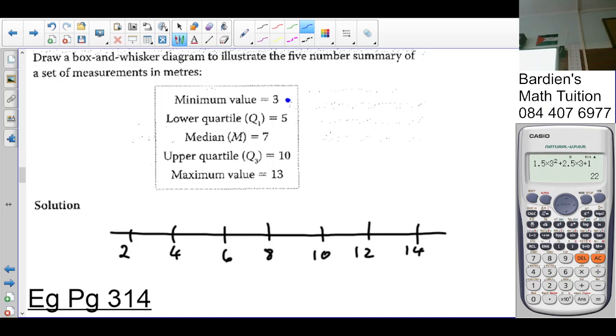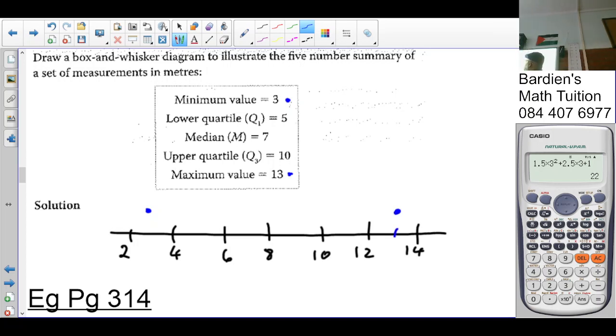Plot a dot by 3, then 3 would be approximately there. Not so, it's midway between 2 and 4. And then you make a dot by 13 as well. So there's 12, 14, so 13 is there in the middle.